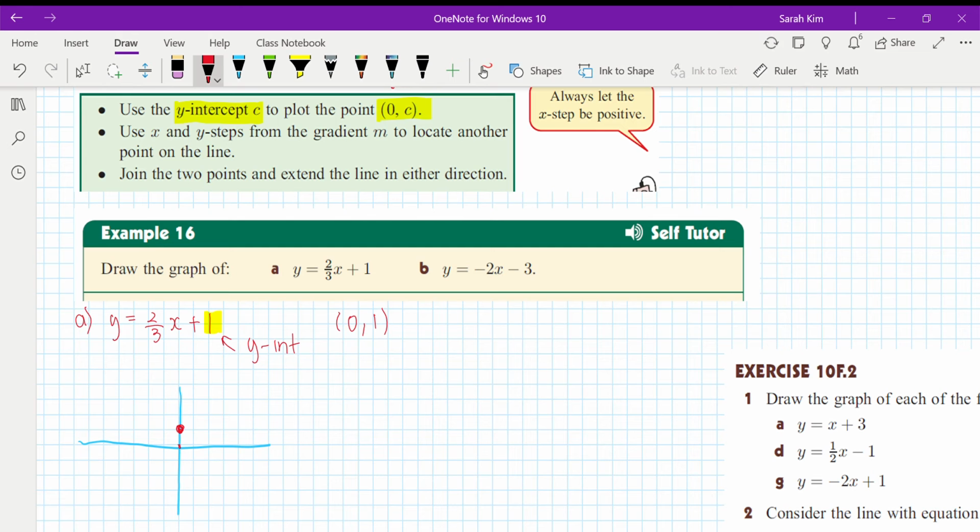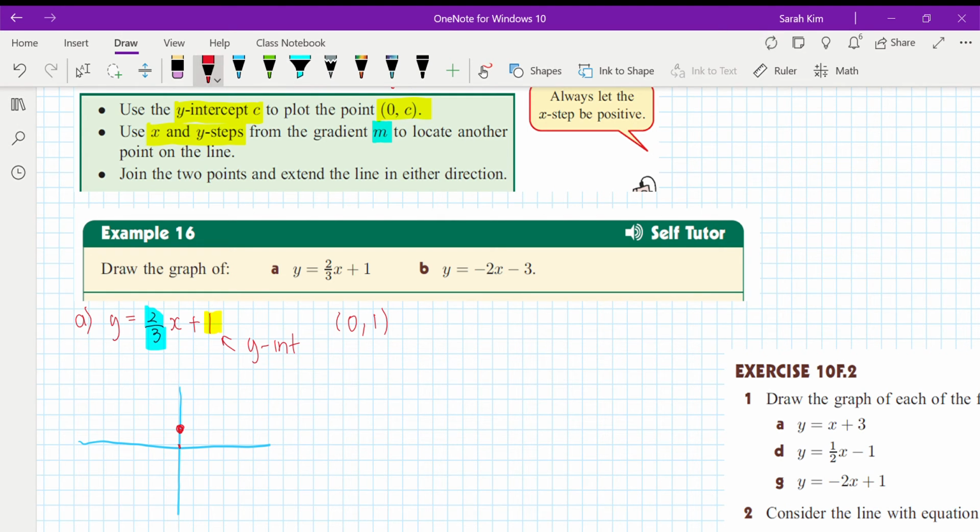Okay, so next I have a look at my next step. Use x and y steps from the gradient m to locate another point on the line. So which one is m? Well, that's simple because we learnt about that. I'll highlight this one in blue maybe. You can see m is this value over here, what we have in front of the x.